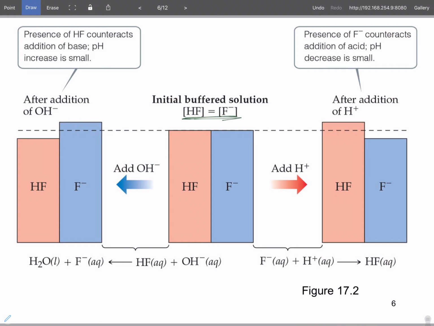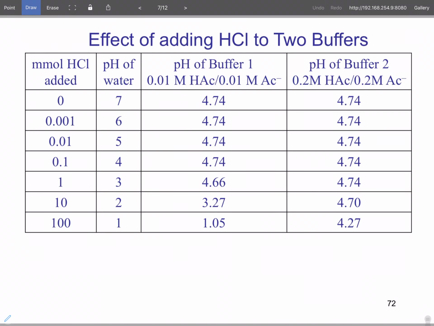And so if we add hydroxide, we're going to produce the conjugate base. If we produce H plus, we're going to produce more of the weak acid. So this is your visual, and again, it's basically the same thing as we did before with Le Chatelier's principle, except now it's specific for pH.